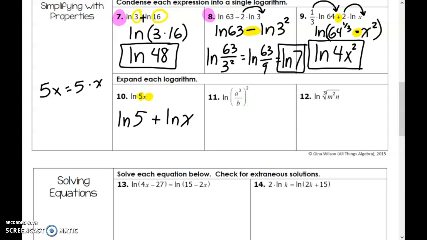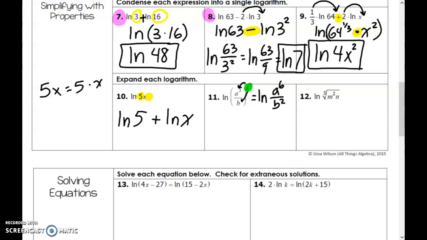Number 11, a cubed over b, all raised to the second power. This square right here is going to multiply by the 3, and it's going to multiply by the single power on the b. So this is going to change into the natural log of a to the 3 times 2, 6th power, over b squared. And now what we can do is kind of a combo deal.